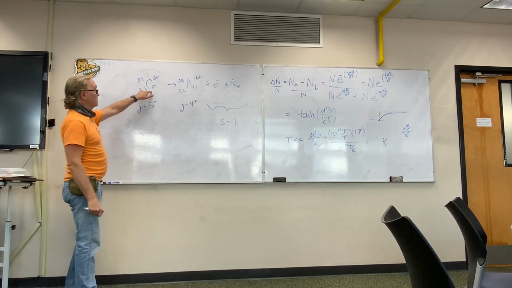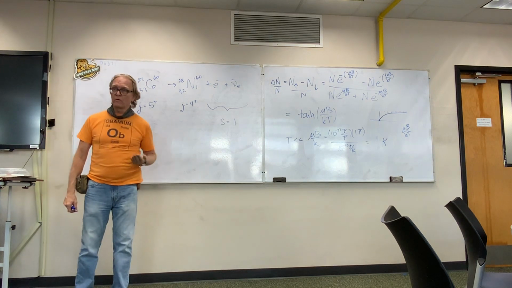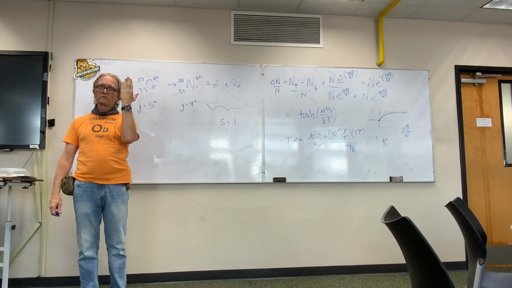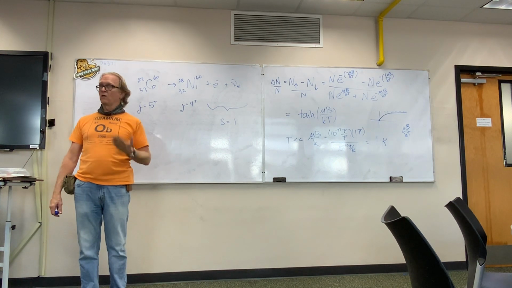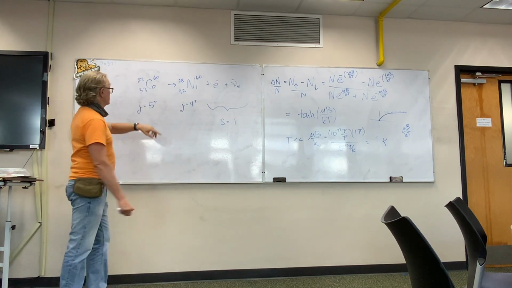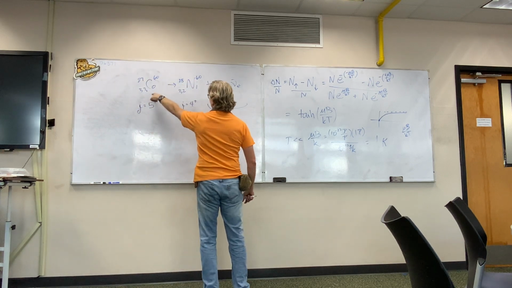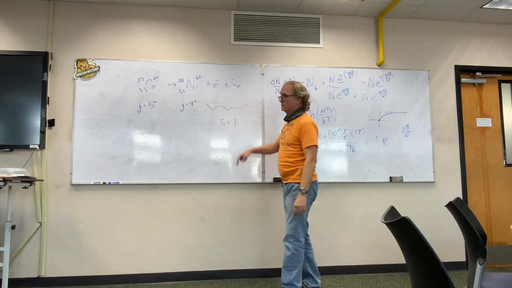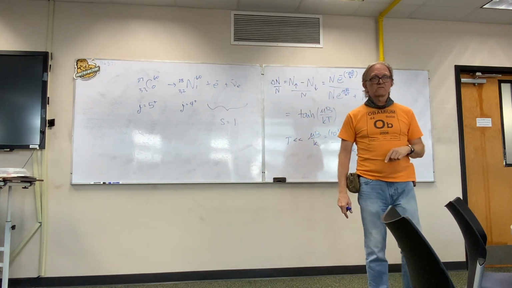You want all of these to be lined up with the field so that you have a preferred direction. You know what the orientation of your angular momentum is. So you know that your S is going to be along that line. J of your parent, J of your daughter, this has got to be oriented along that same axis.